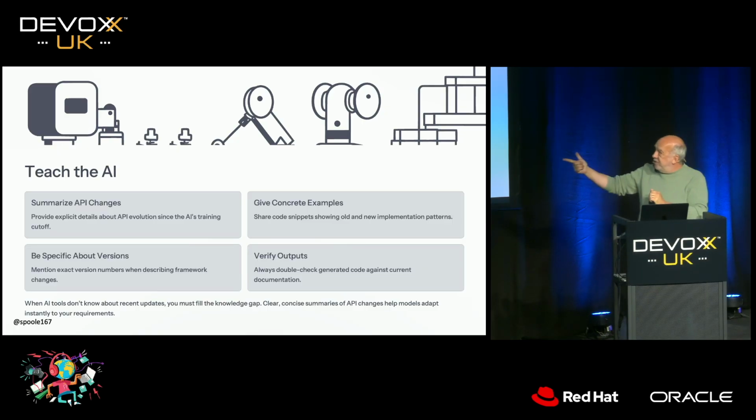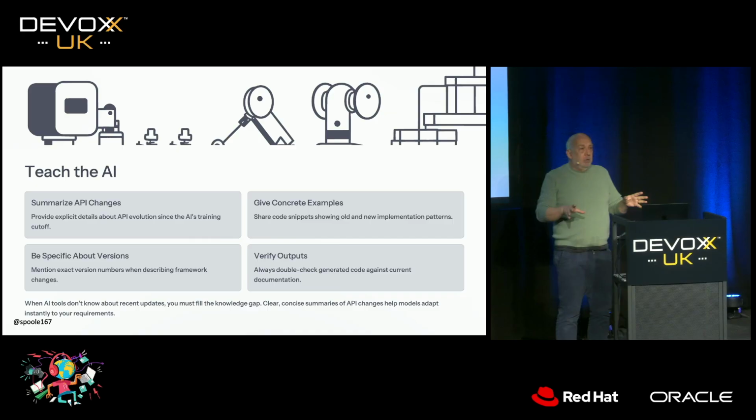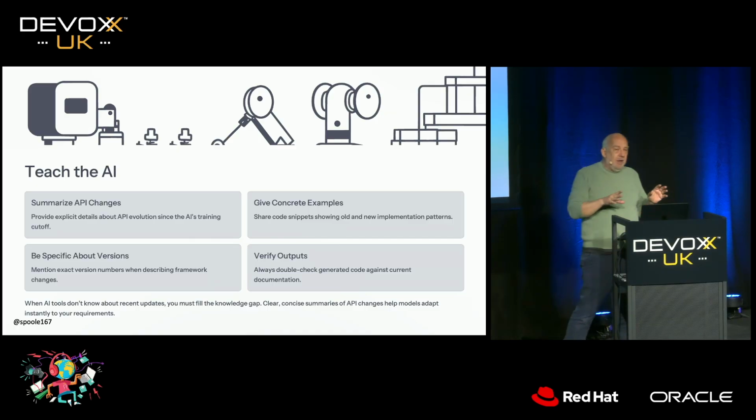On version numbers, in general, my advice would be that when you decide you want one of these tools to generate things and pick a version of Spring or Quarkus or whatever, do it on a date basis. Don't ask it to generate POM files and things like that. It'll just get it wrong. You pick up that piece.